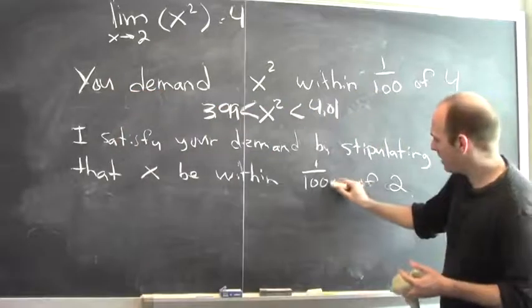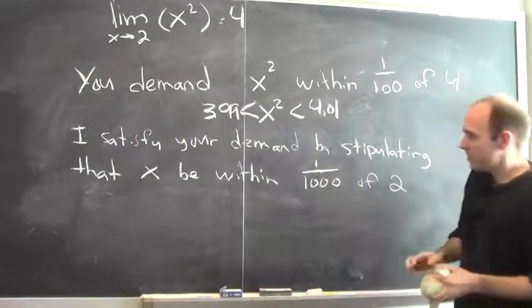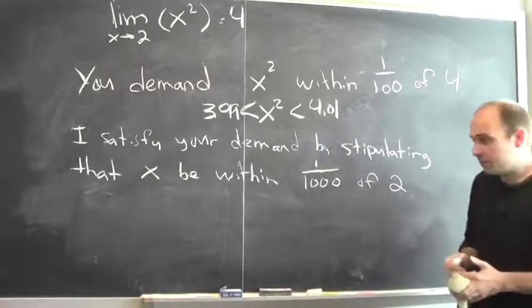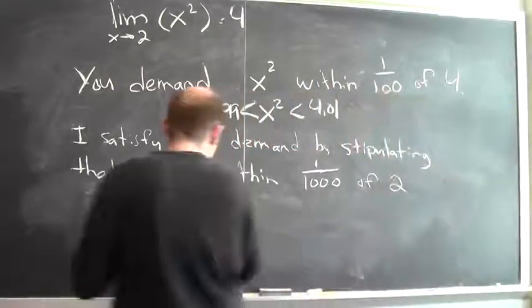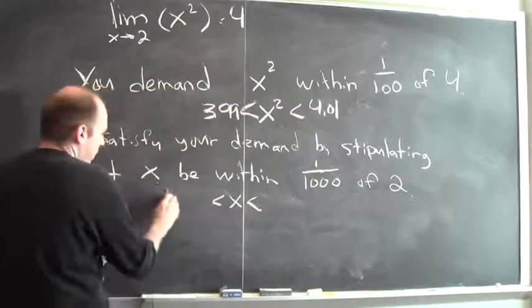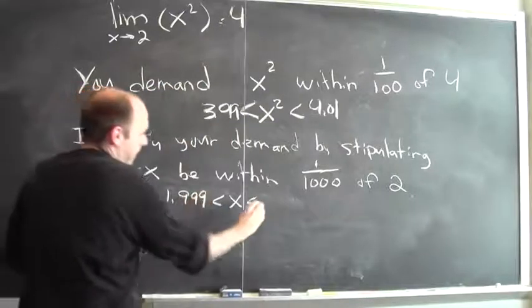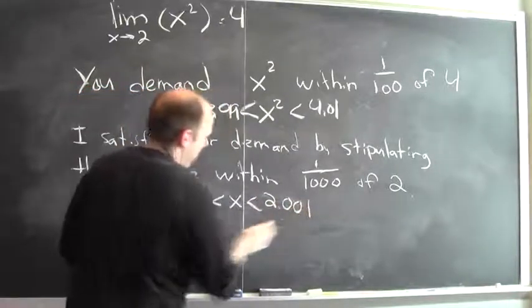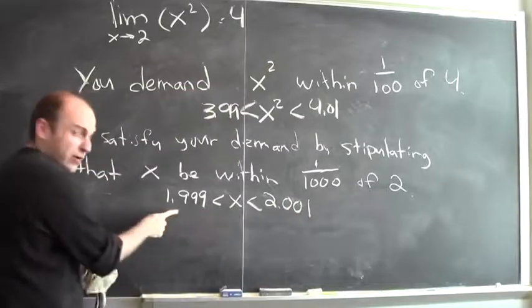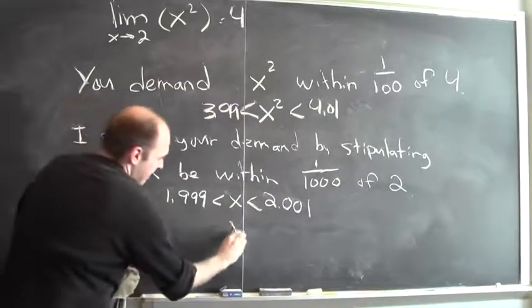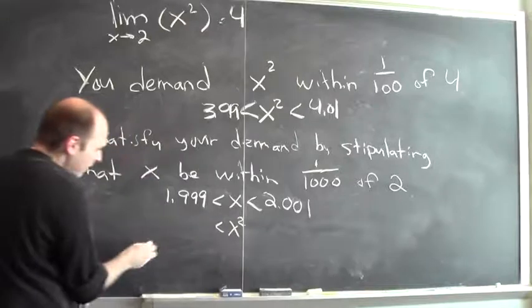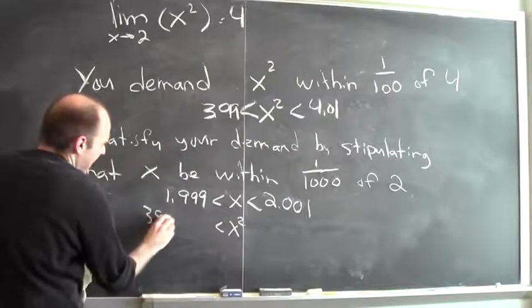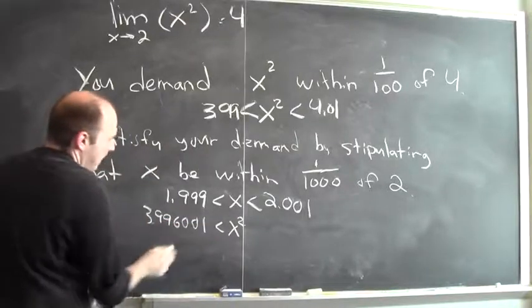So let's try 1,000th. If x is within 1,000th of 2, that means that x will be between 1.999 and 2.001. And if x is bigger than 1.999, then x squared is bigger than 3.996001.